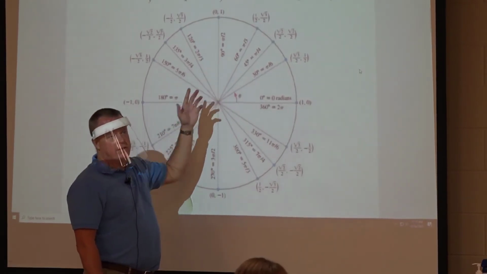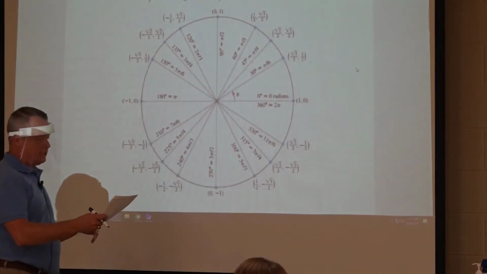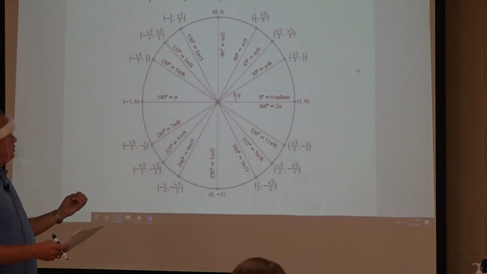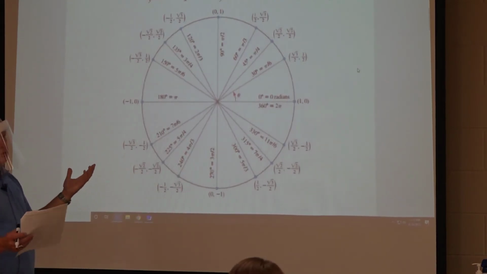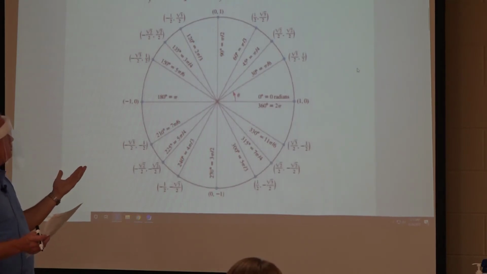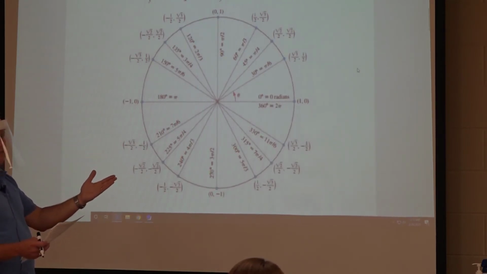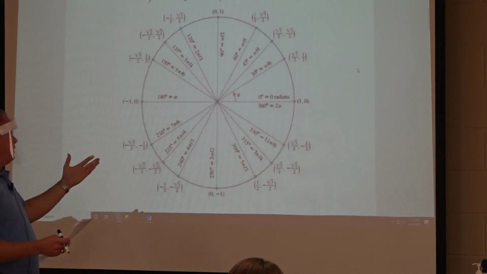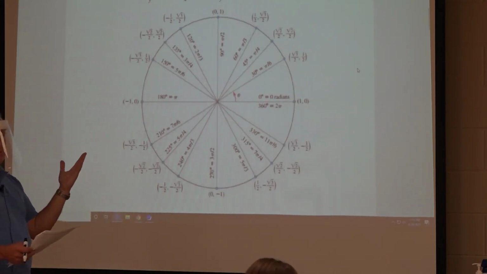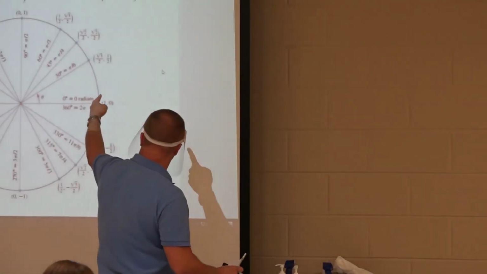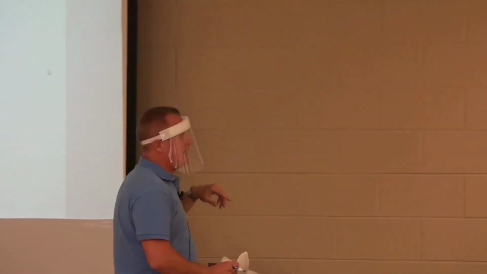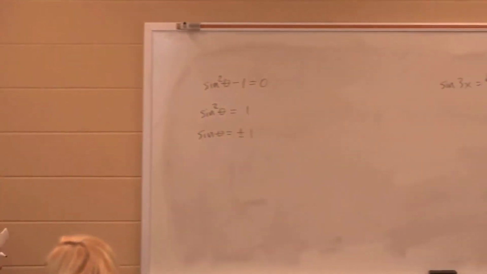All right? So for this one, I could just write it as pi over 2 plus k times pi. You could do, I guess, pi over 2 plus 2k pi, and 3 pi over 2 plus 2k pi. But with that particular one, since your solutions are always a pi apart, then you can just write it like that.